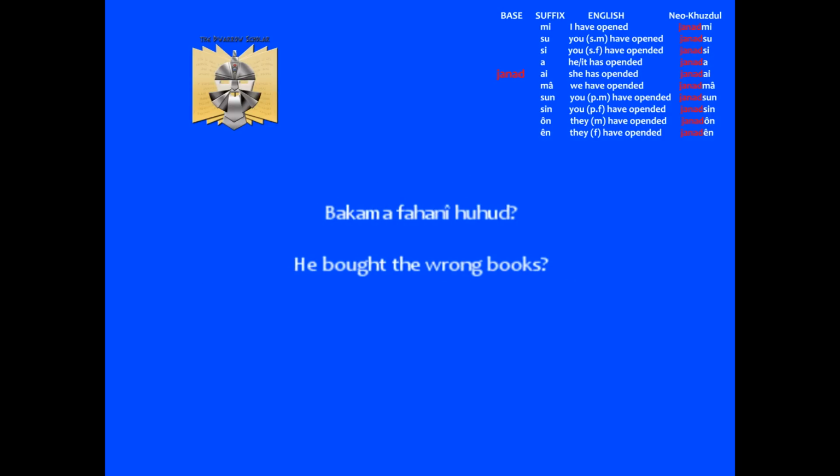Bakama fahani huhut? He bought the wrong books. Here Tari repeats what Gimli has spoken before. Yet there is something that we should look at in this line, and that's the use of the perfect tense. Bakama means he bought or he buys. As it's in the perfect tense, it means it is dependable fact, no doubt about it. Yet Tari asks it as a question. So how so?